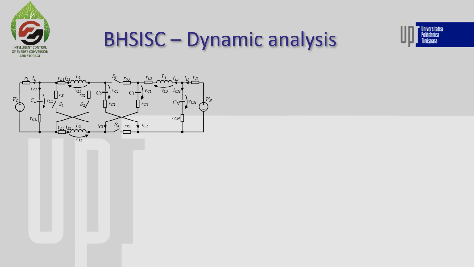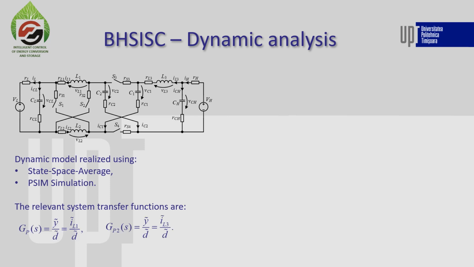Next, we analyze the dynamic analysis, and here we also performed the analysis in the same way. We inserted the parasitic components and we made the model using the state space average method, and also we simulated the converter using PSIM software simulation.